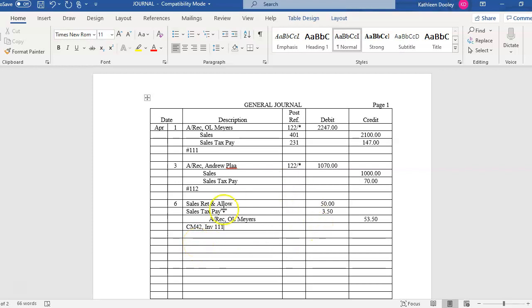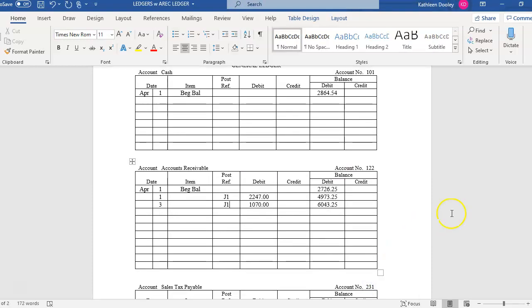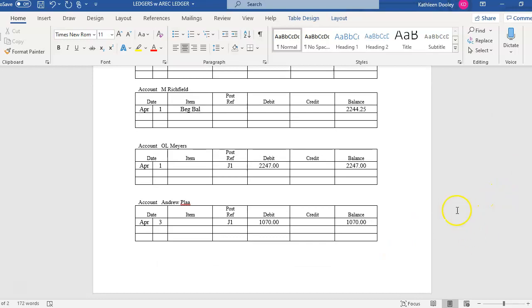Okay, before I go on, I asked myself, is there anything in here that has to be posted right away? Yes, there's an O.L. Myers, there's a customer. I have to post that right away. On the 6th, I have a credit of $53.50. So I go to O.L. Myers in the subsidiary ledger. Here it is. I record the date.